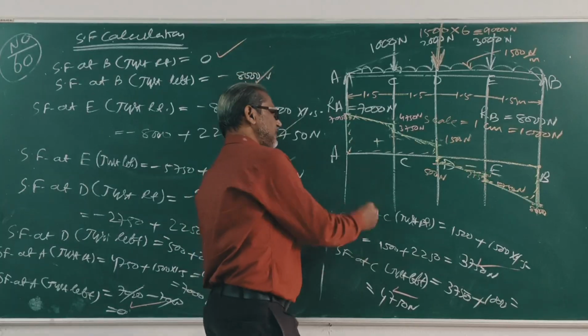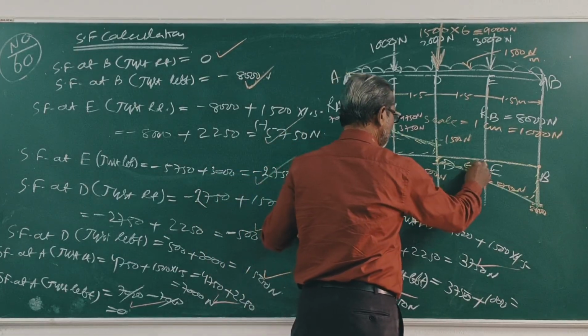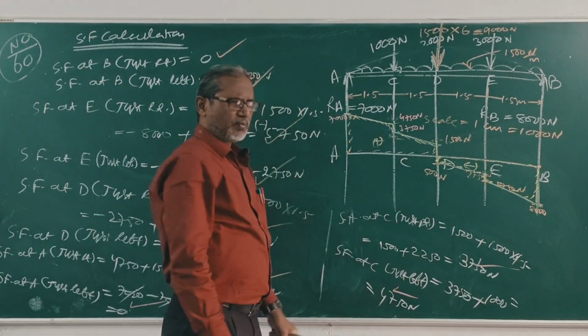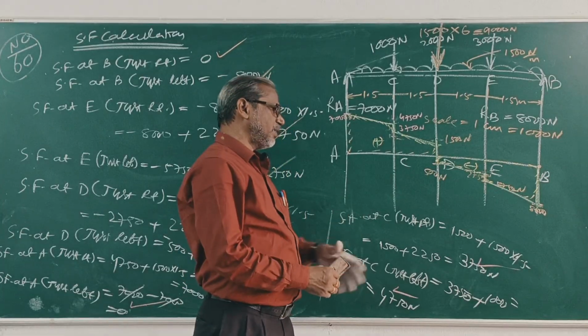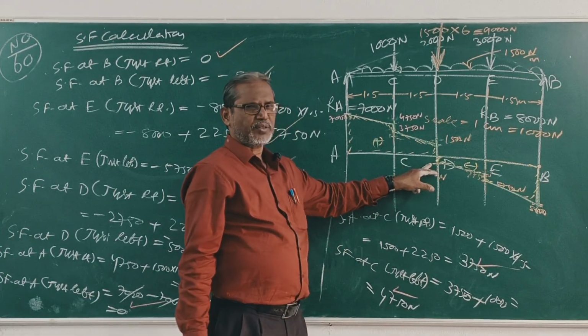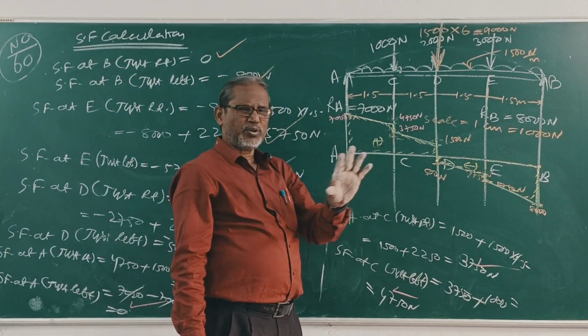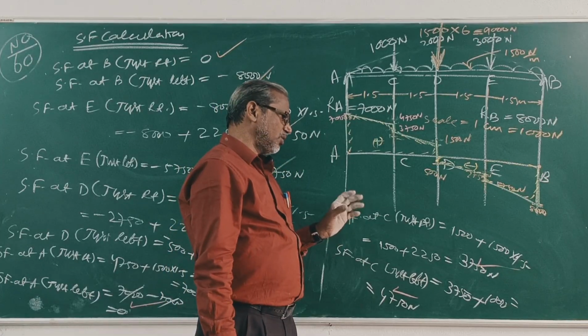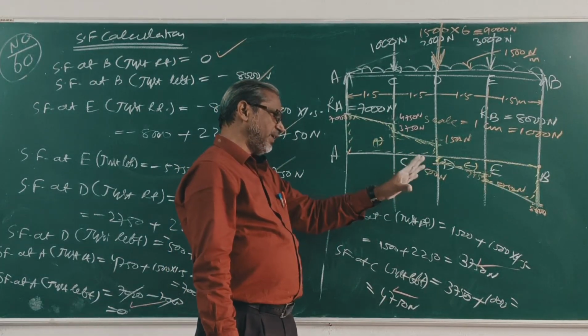Clear? This is positive, this is negative. The shear force changes sign from negative to positive at point B. So at this point, the bending moment is the maximum. Now we'll find out the bending moment at points A, B, C, D.